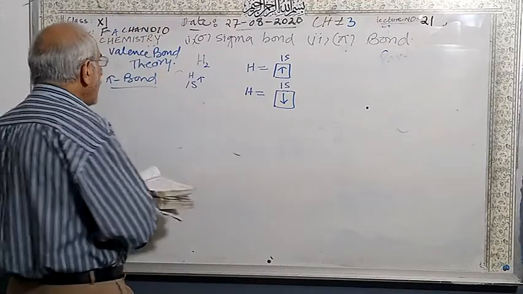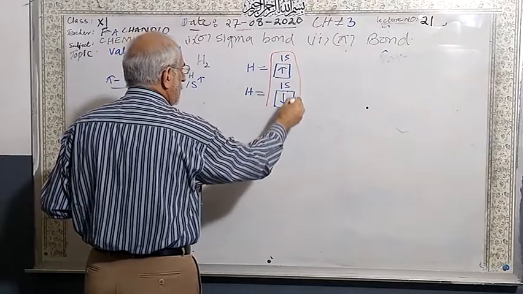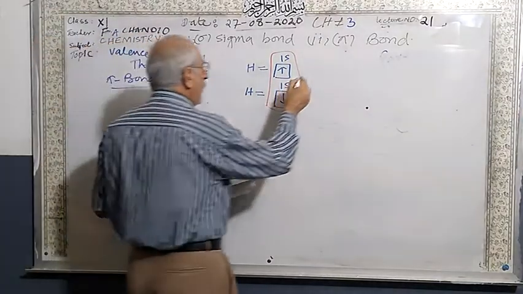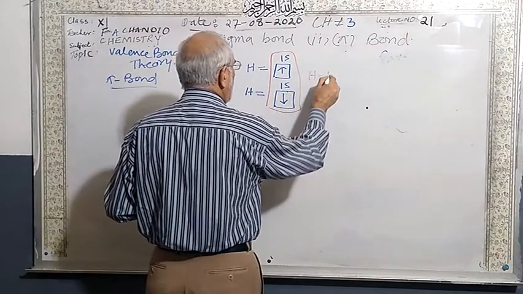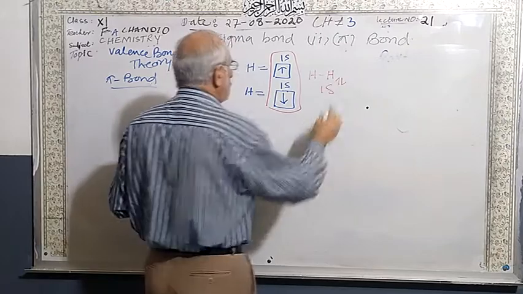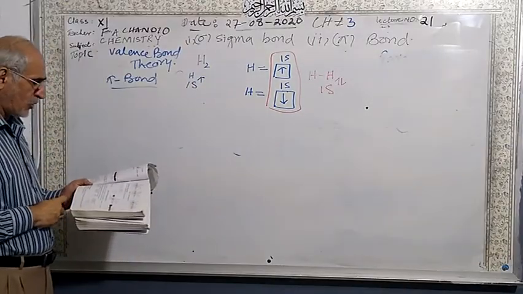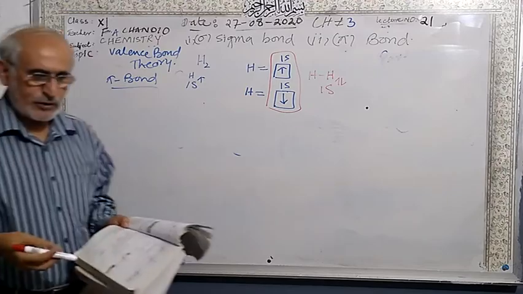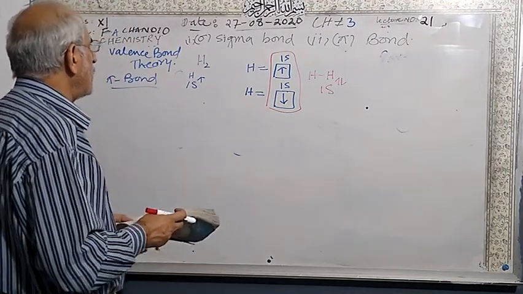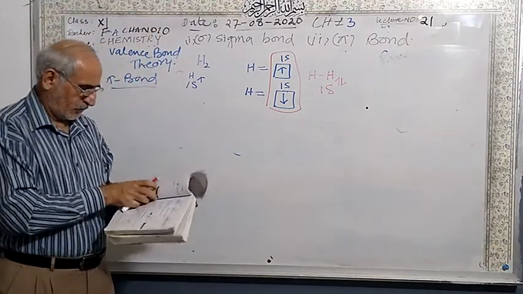So they are going to overlap with each other to form the hydrogen molecule, 1s2. We already drew the diagrams for the formation of the sigma bond. This is for hydrogen.